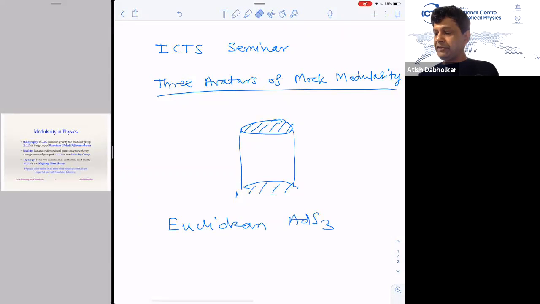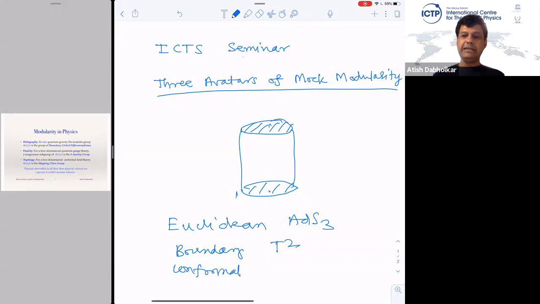And then if you identify these two ends, this end and that end, then the boundary is a T2. And it's a conformal boundary because in AdS3, the scale factor at the boundary is not important. So basically you get a conformal boundary.